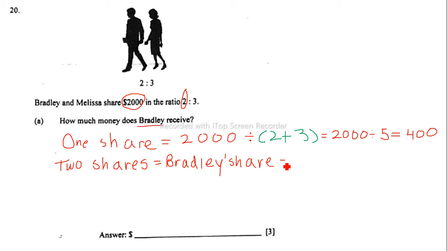It's going to be equal to 2 times 400 because he got 2 shares. And 2 times 400 is what? 800. Very good.